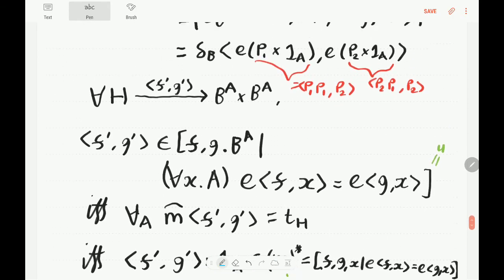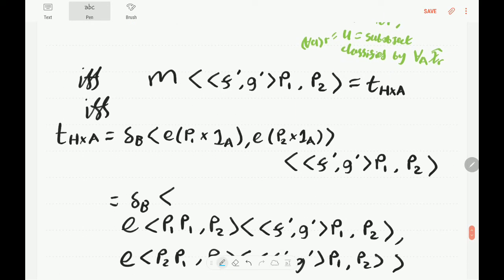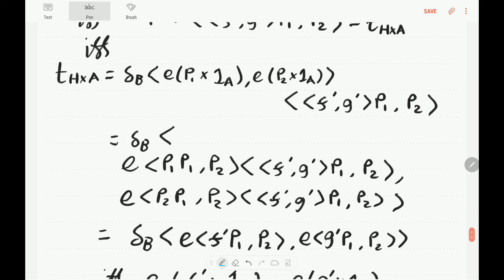Now we know what m is, we have it up here, so let's just substitute in and work out what this expression is. So we get t h times A equals delta B of e(p1 times 1), e(p2 times 1), operating on f dash comma g dash of p1 comma p2, and collapsing it down really, working out what it is.